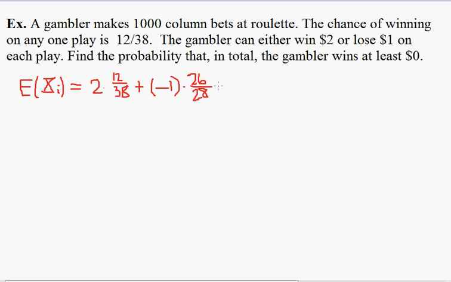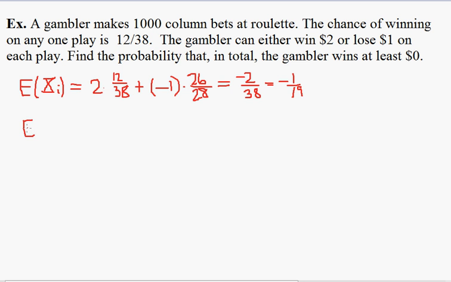And so adding this up, we get 24 minus 26 for -2 over 38, for -1/19. So that's the expected value of any one play. The answer is negative because, of course, the odds are stacked against the gambler.